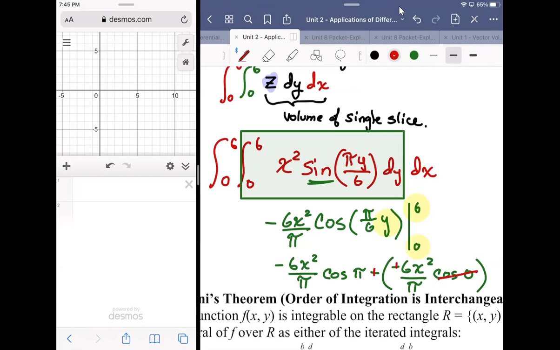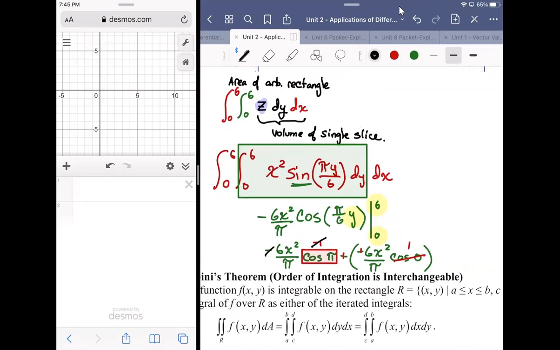Cosine of 0 is equal to 1. Cosine of pi is equal to negative 1. Negative 1 is going to cancel with the negative here. So it's really 6x squared over pi plus another 6x squared over pi, which is going to be 12x squared over pi, which I'm going to write as 12 over pi x squared.